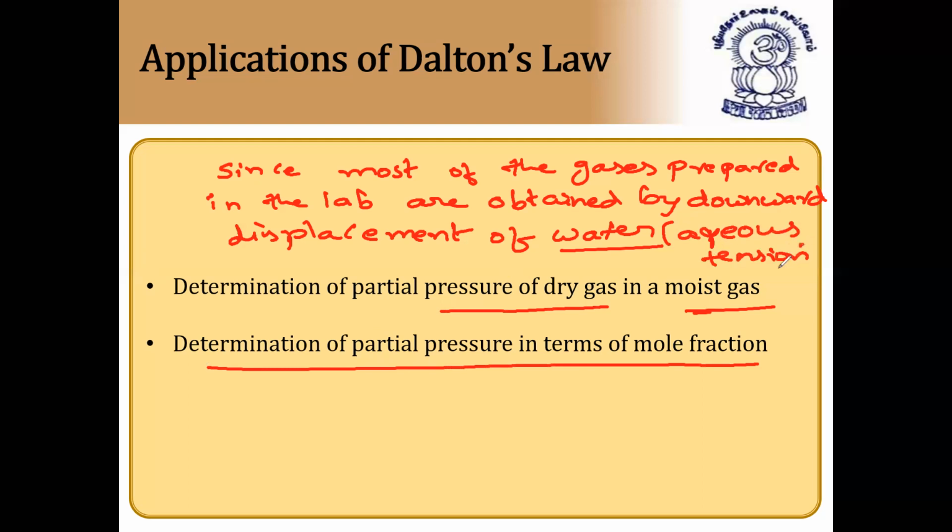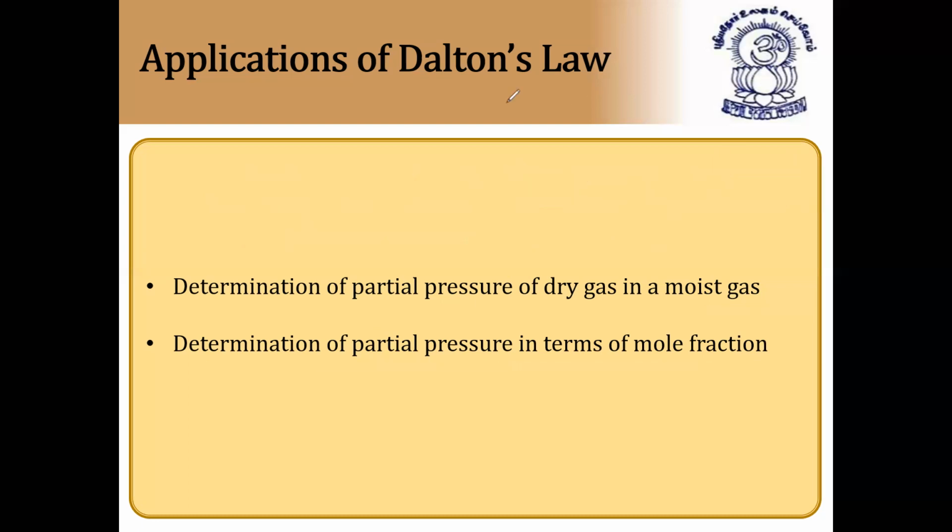So we have to take aqueous tension into consideration also. More about aqueous tension we'll discuss now. So these are the two applications of Dalton's law. We can determine the partial pressure of dry gas in a moist gas, as well as the partial pressure in terms of mole fraction. I hope it is clear.